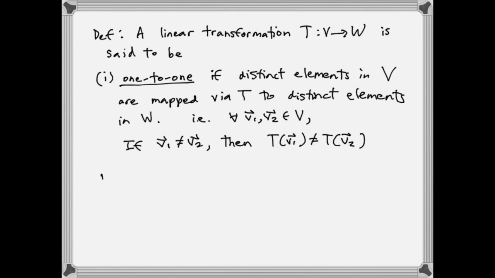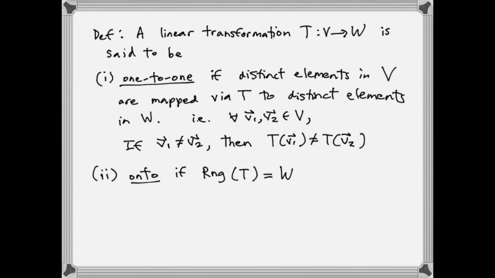And let me give you the definition of what it means for a map to be onto. That's O-N-T-O, it's one word. Okay? So a transformation is onto if the range of T is equal to W. Okay, this is important.